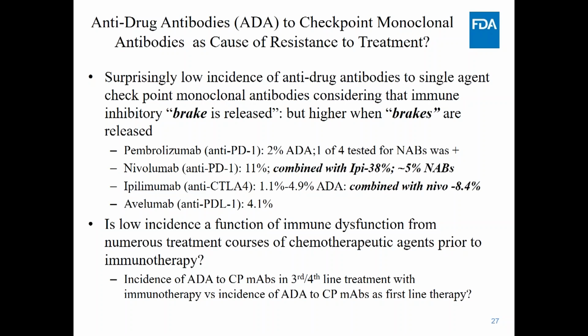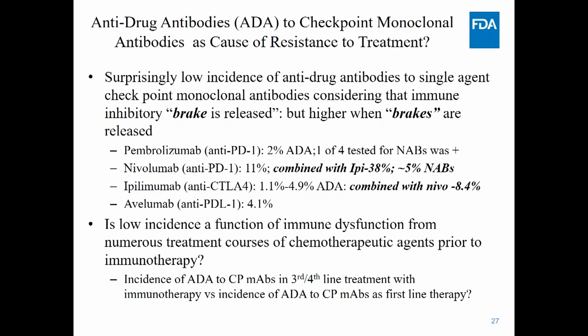The same with anti-CTLA-4: fairly low incidence when used alone, but when combined with anti-PD-1, it goes up. So I think this is an area we really need to focus on more, because there are mitigating pathways for this kind of non-response.